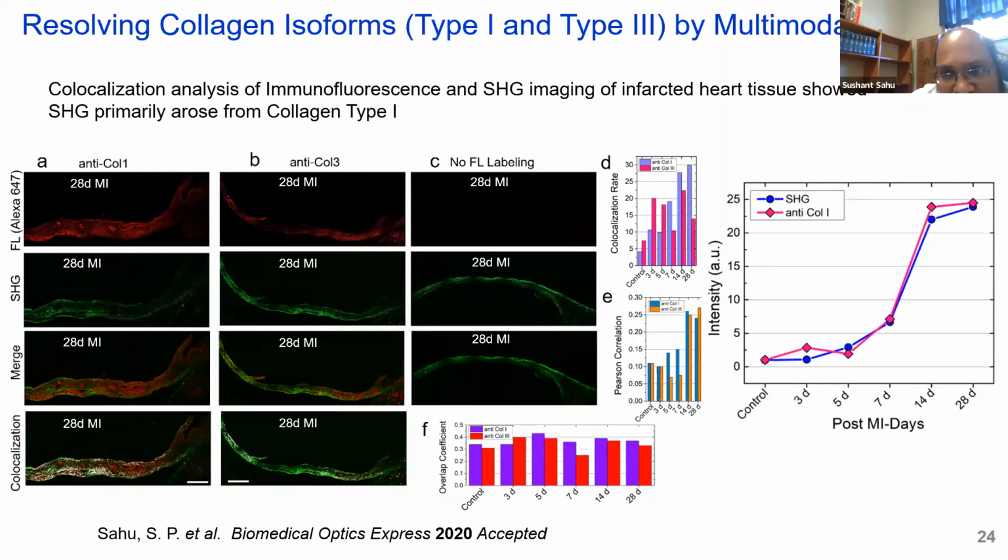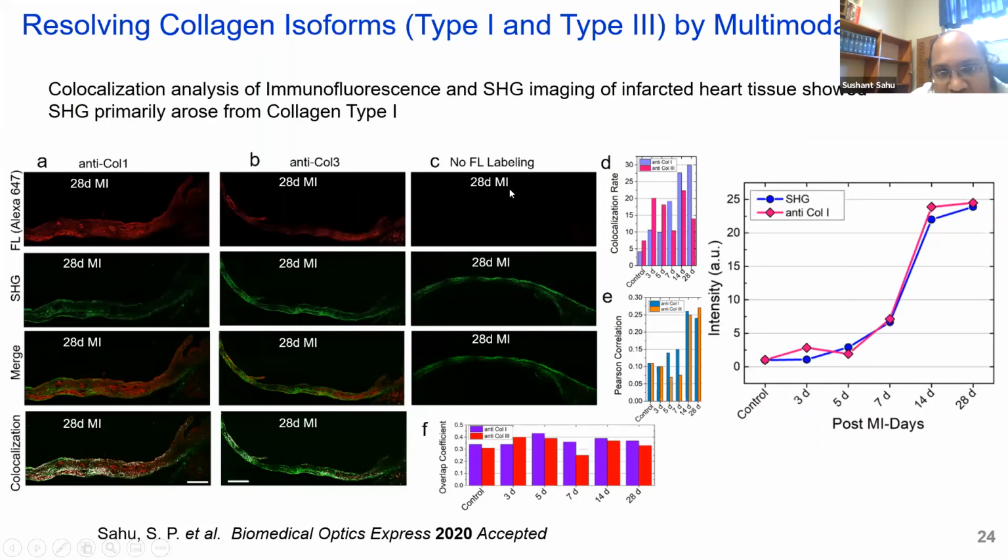So what we did is a 1-photon fluorescence, or linear fluorescence, to detect the collagen 1 fluorescence channel, as well as simultaneous acquisition of multi-photon SHG. Sequentially, we collect the SHG as well as the 1-photon fluorescence from these dye-labeled antibodies, and then we do a co-localization analysis.